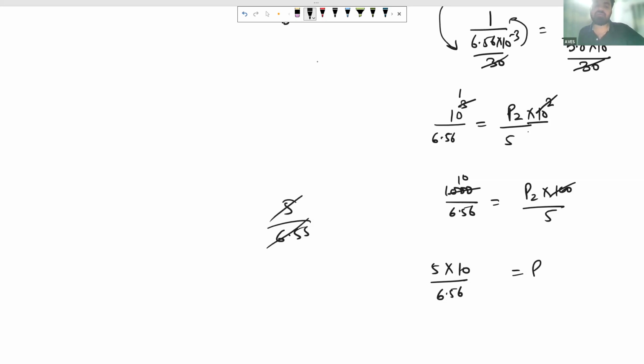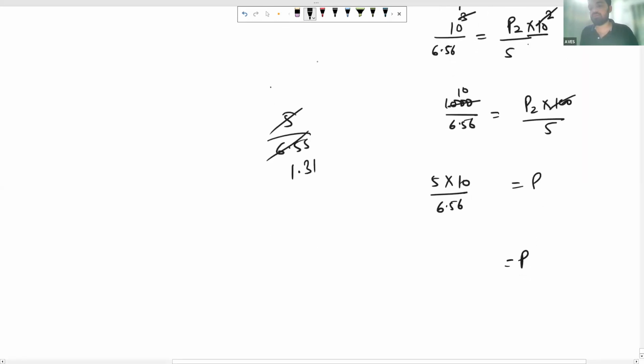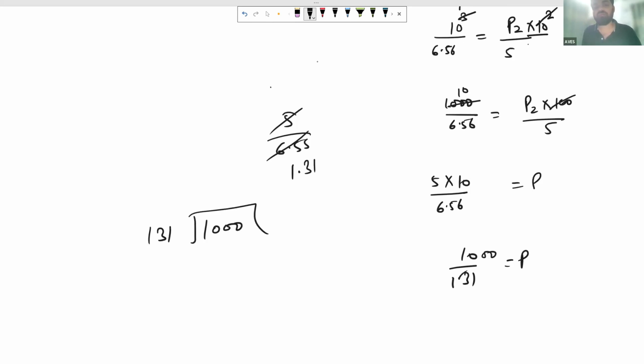You will get 1.31. So you will get P2 equal to 10 upon 1.31. Then you divide by 10 and you will get 1000 divided by 131.